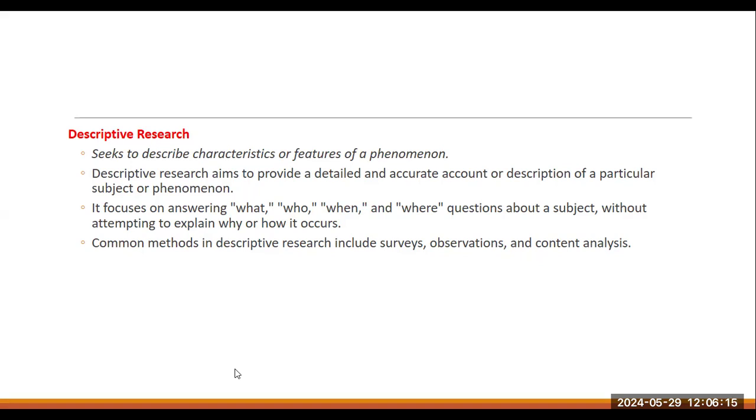So then, what aspects of the shopping experience do customers enjoy or dislike, right?